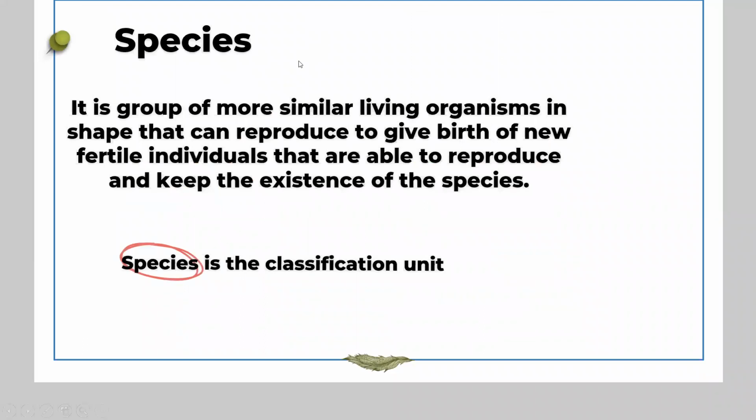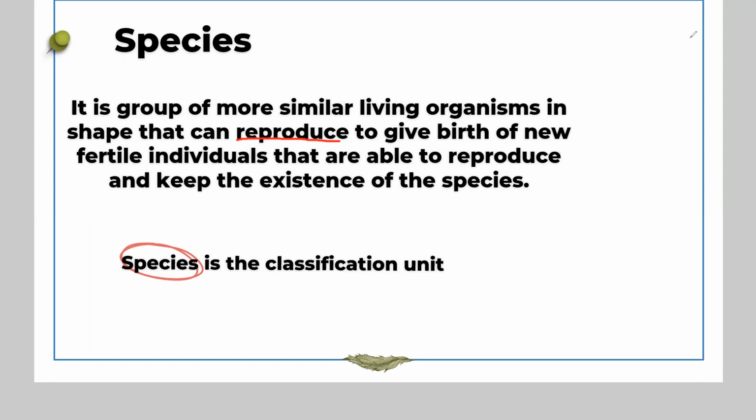Okay, what is meant by species? A species is a group of very similar living organisms in shape that can reproduce to give birth. What is meant by reproduce to give birth?